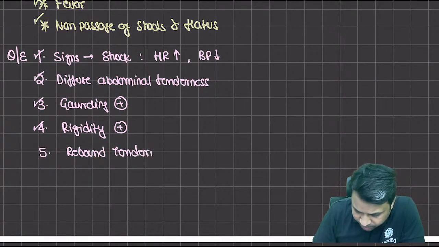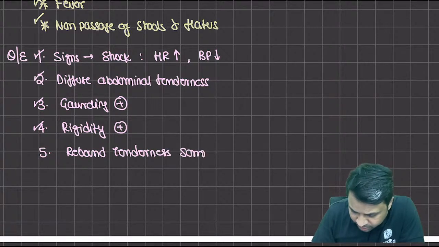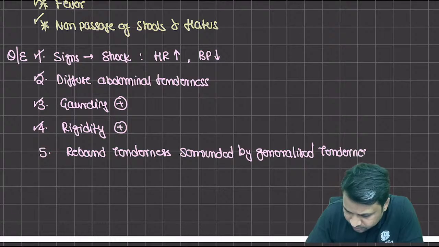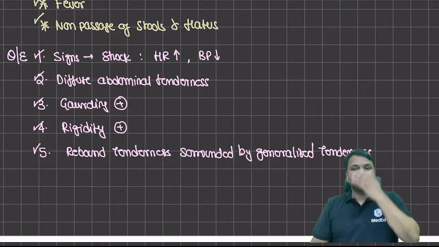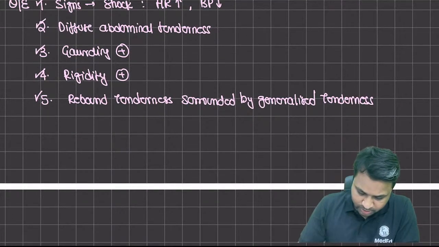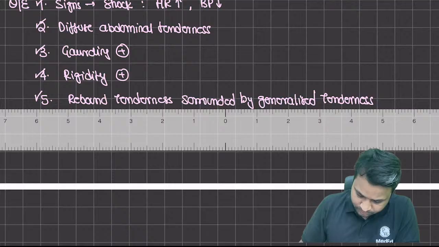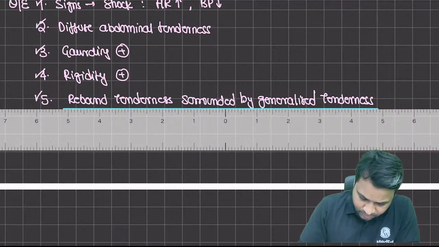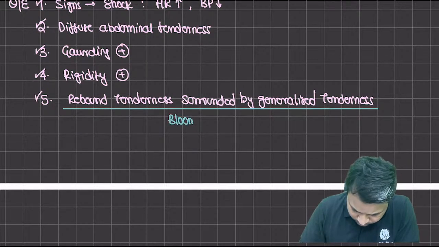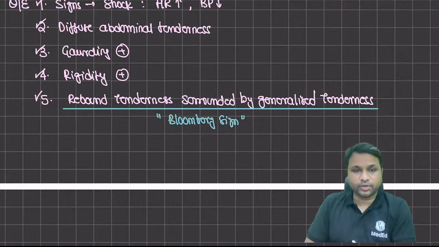An area of rebound tenderness surrounded by generalized tenderness is noticed, and this is what we call the Blumberg sign.